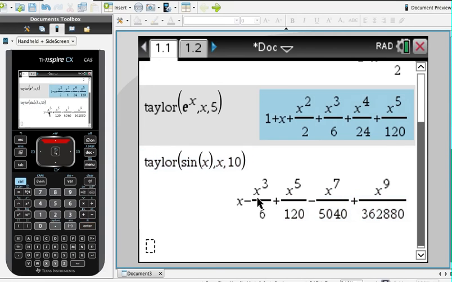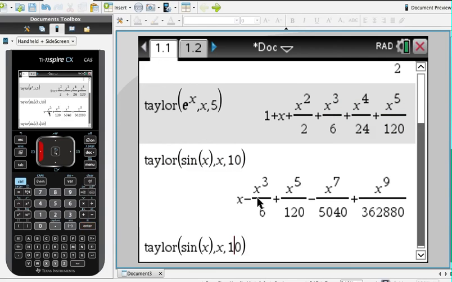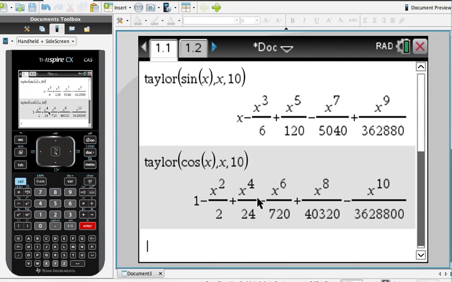Now you can imagine what happens when we replace the sine of x by cosine of x. Cosine of x happens to be an even function, so we only have even exponents, and the denominators you recognize: 2, 6, 24, 120, 720, 5040, etc. Those are the factorials.